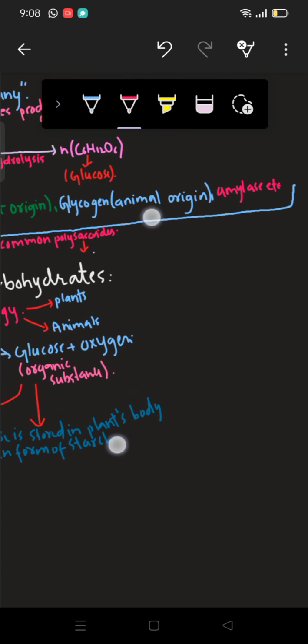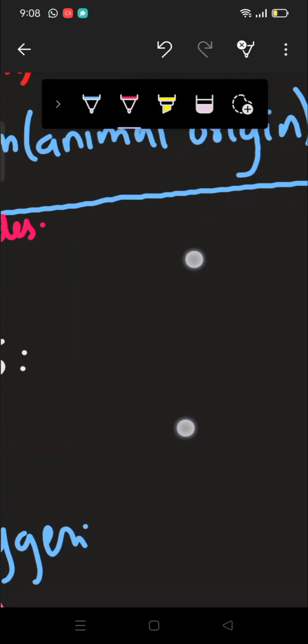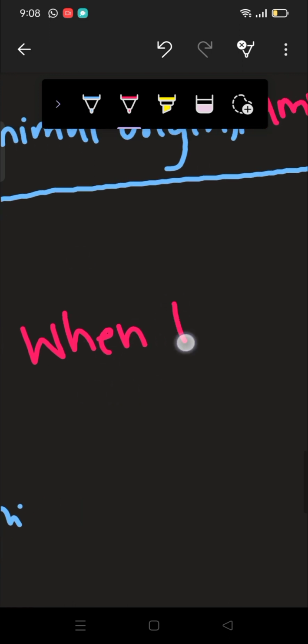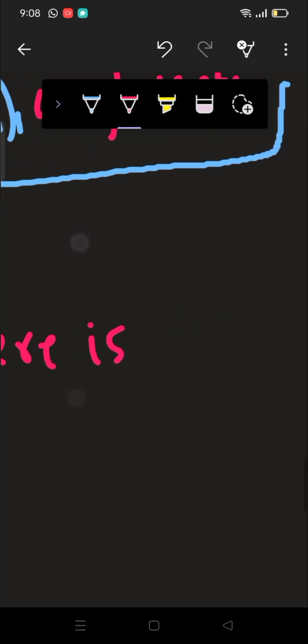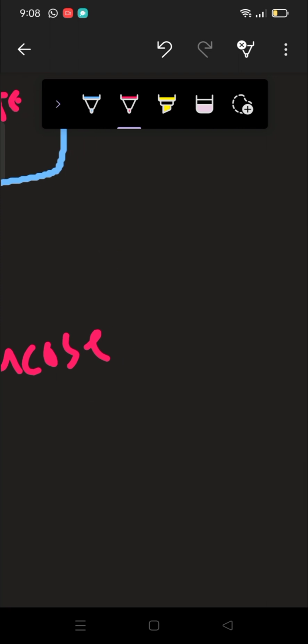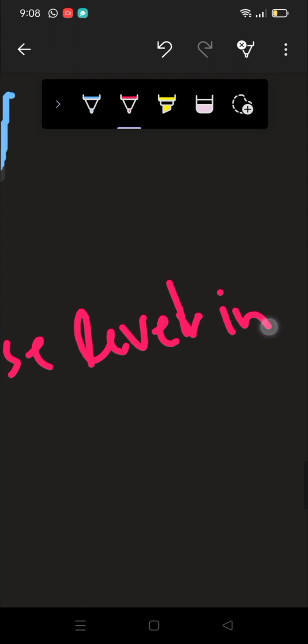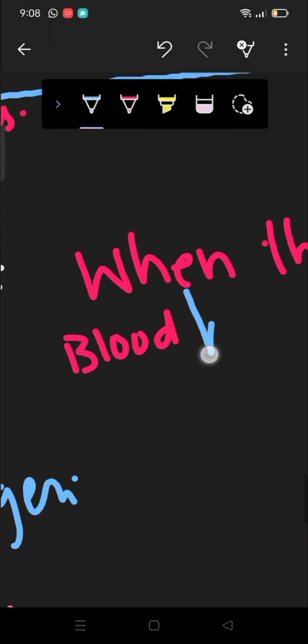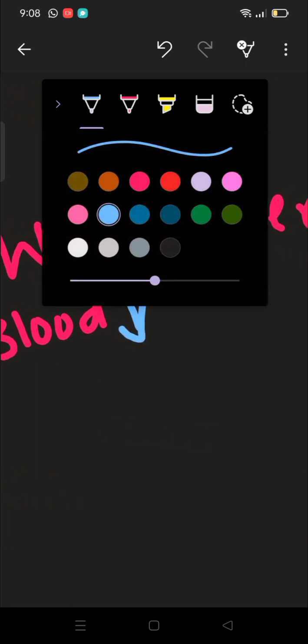When the glucose level or sugar level in blood is low, what will be happening?